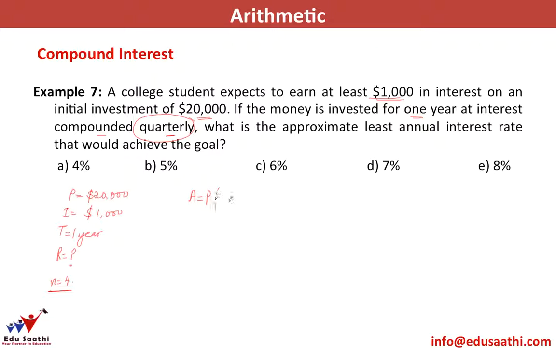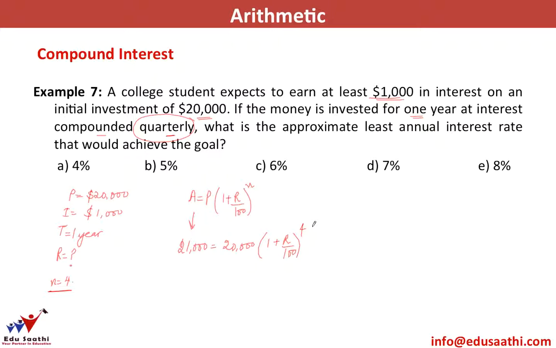Amount is equal to principal into 1 plus R by 100 raised to power n. So amount here would be principal plus the money that you've accrued. So if I just want to put it up, this will be 21,000 and your amount that you started with would be 20,000. 1 plus R by 100 raised to power 4.